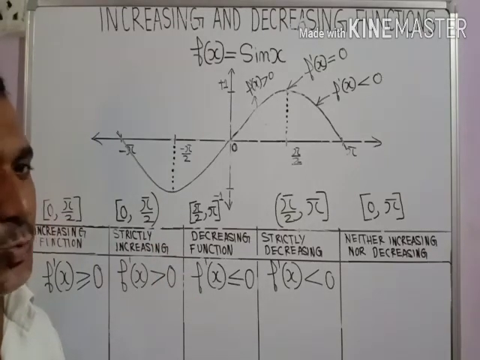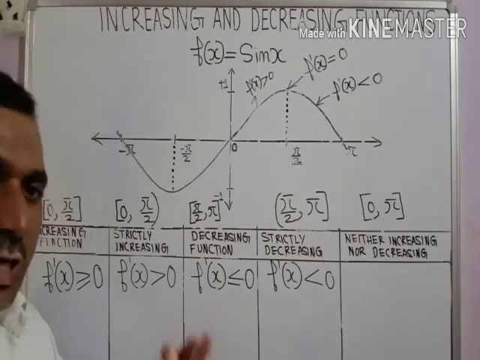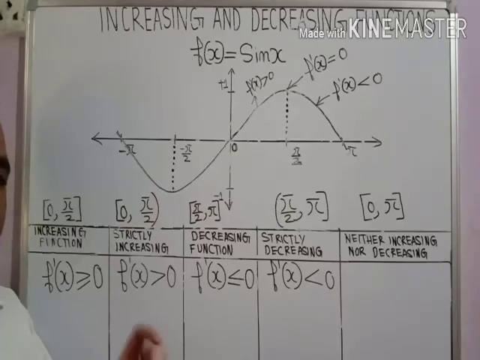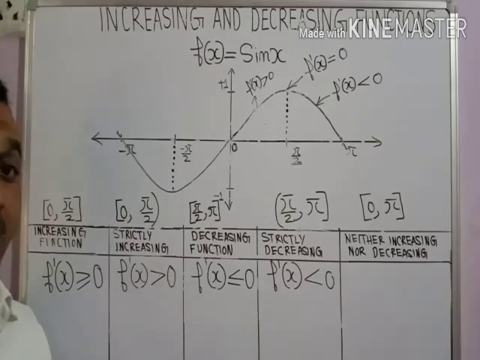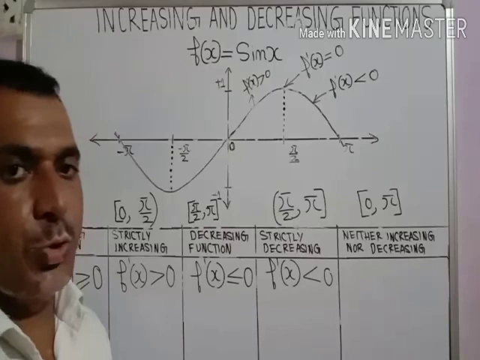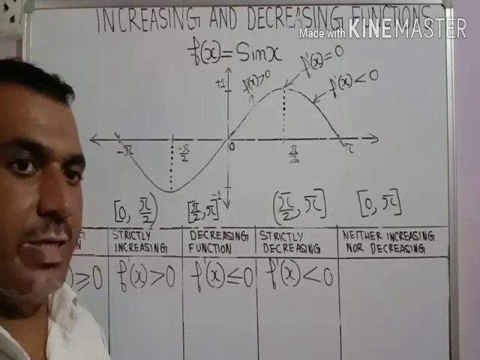You are not able to say. So this is the case of neither increasing nor decreasing. Once again, for any function in any interval, if it is increasing as well as decreasing, then the function is neither increasing nor decreasing. Hope you have understood the concept of increasing and decreasing functions.